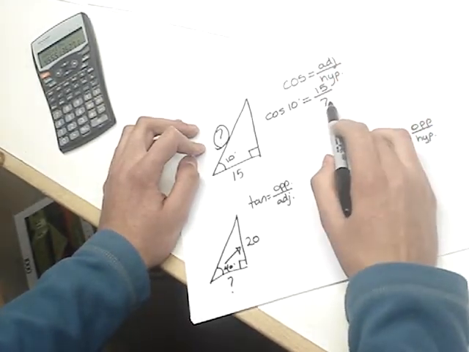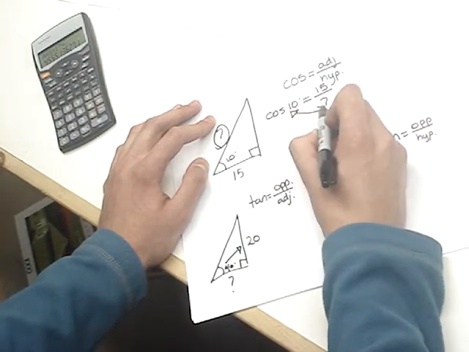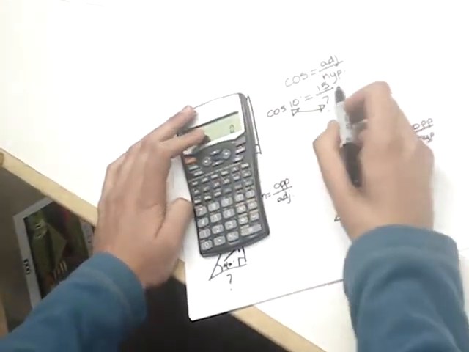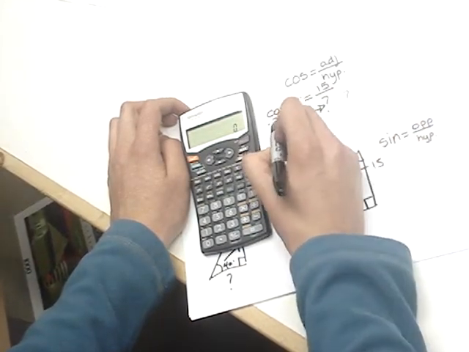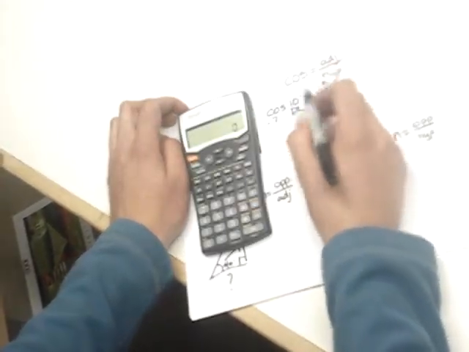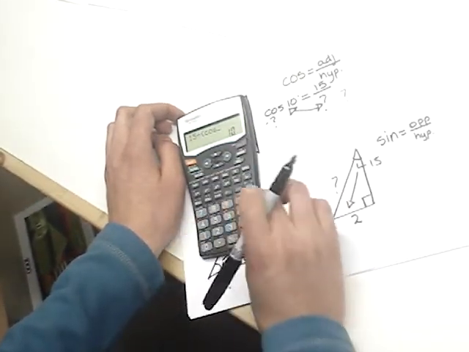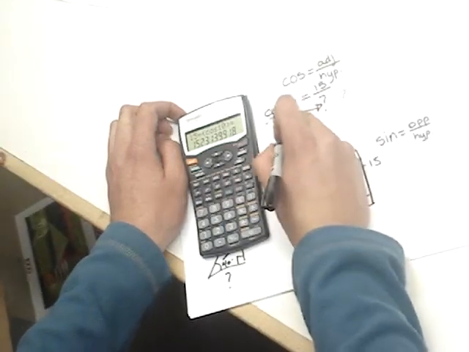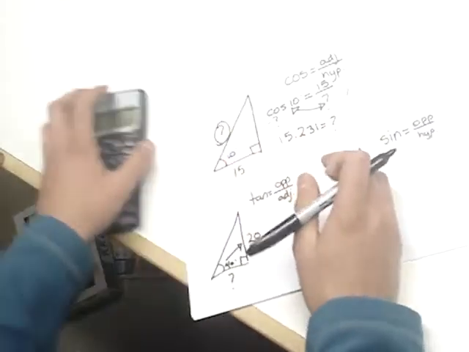This time our variable is on the bottom, so we basically just swap these two around. To isolate the variable we'd want to multiply by our variable on both sides and then divide by cosine of 10, but it's easier to just say swap. So 15 divided by the cosine of 10 gives 15.231, which equals our hypotenuse.